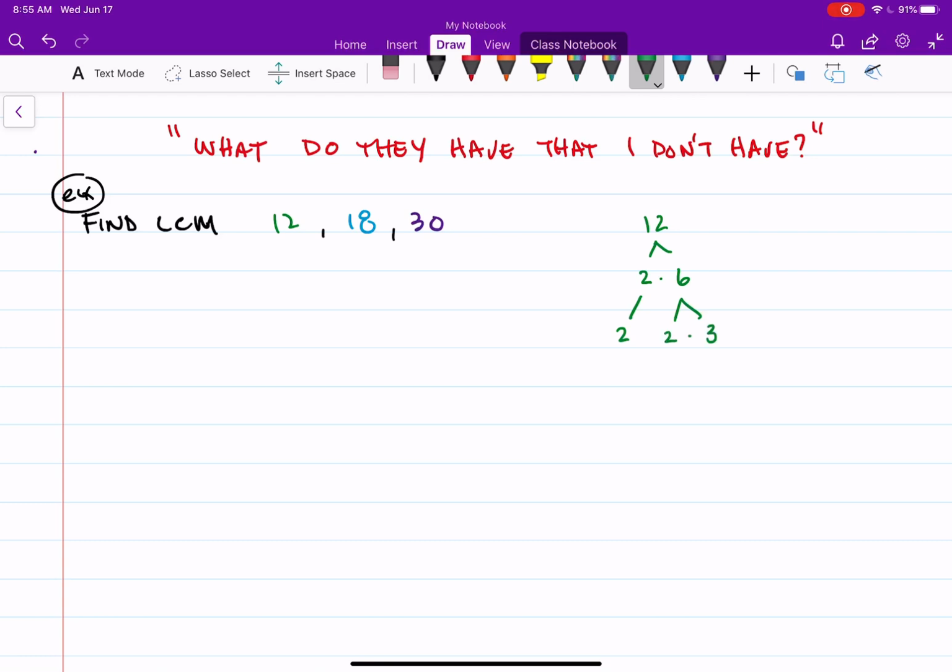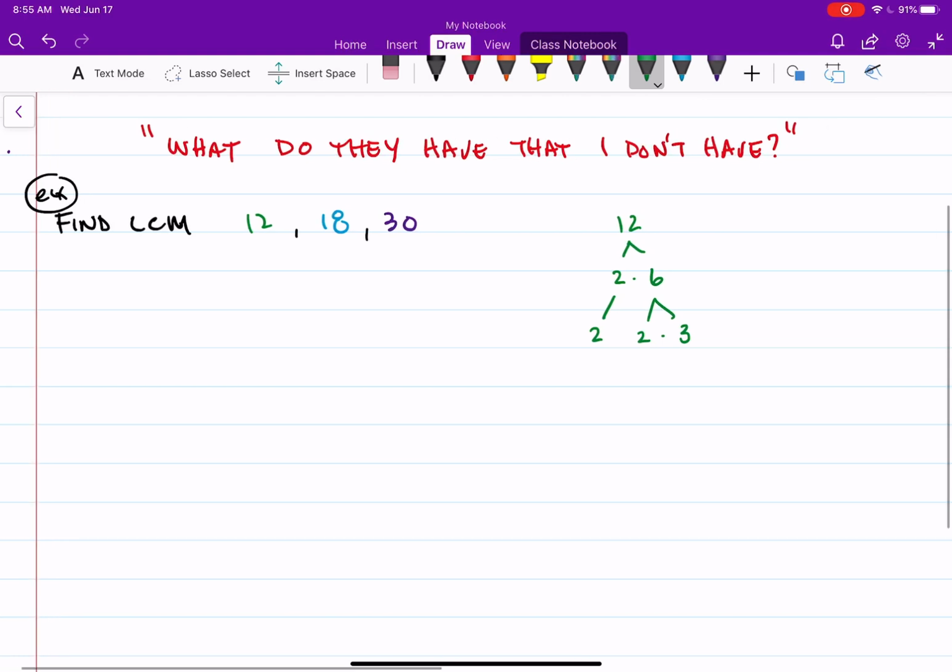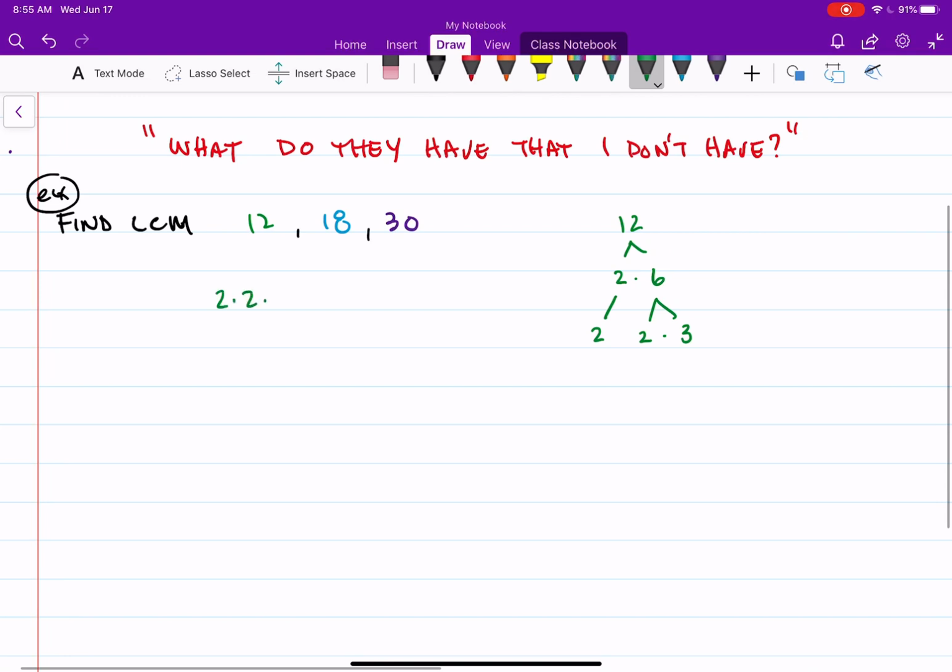So now I have the broken down version of 12: 2 times 2 times 3. 18 is going to be 2 times 3 times 3. And 30 is going to break down to 2 times 3 times 5.